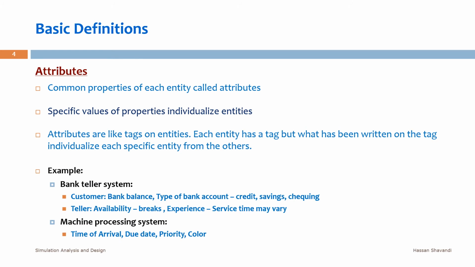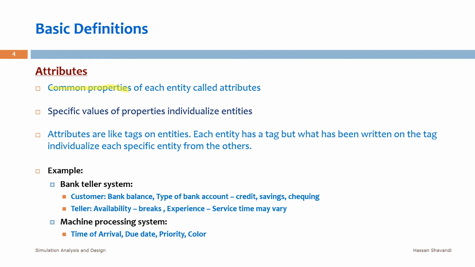The third definition here is attributes. Attributes are defined for entities, right? So the common properties for entities are called attributes. Yeah, attributes are the common properties or features for the entities, and the specific values for the attributes will individualize the entities, right?